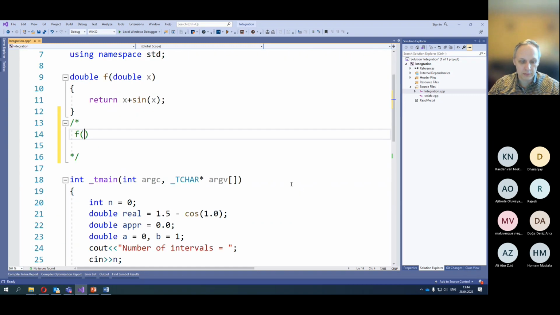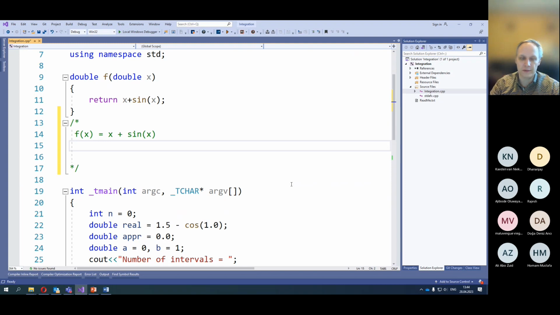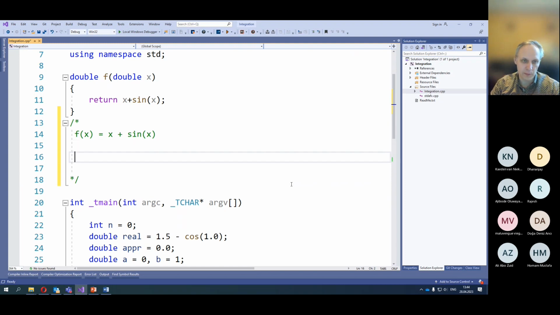How to find the real value of the integral? F of x, in our case, equals x plus sine x. What will be the antiderivative of f of x? Let me remind you that antiderivative means that capital F prime of x equals f of x.